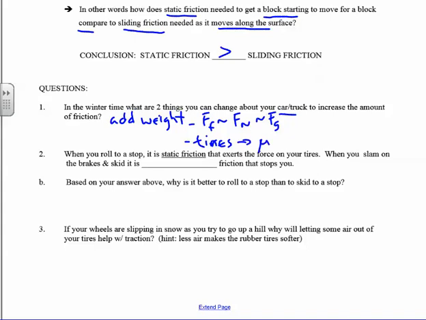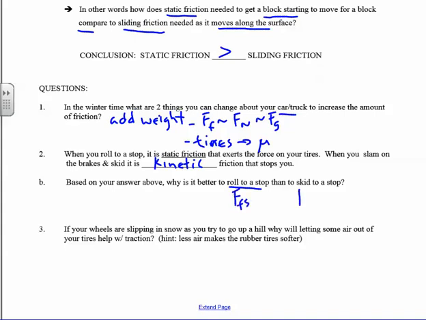Number 2, when you roll to a stop, what stops you is static friction. When you slam on the brakes and skid, it is kinetic friction that stops you. Based on your answer above, why is it better to roll to a stop than skid to a stop? Well, rolling requires static friction, so I'm going to call it force of friction static.